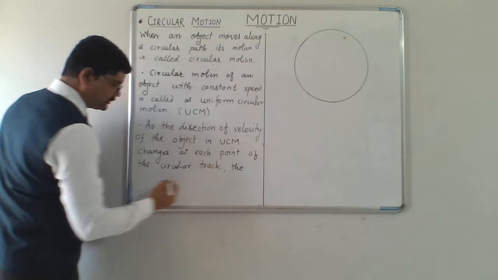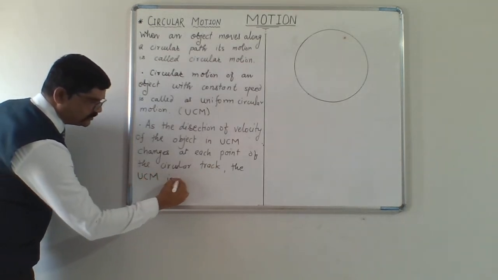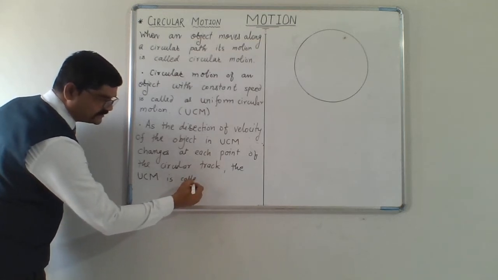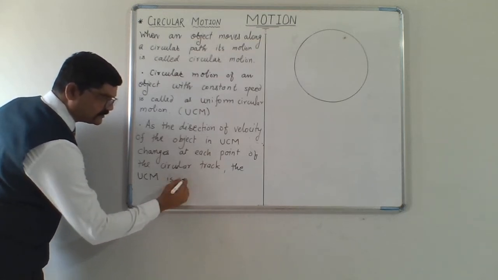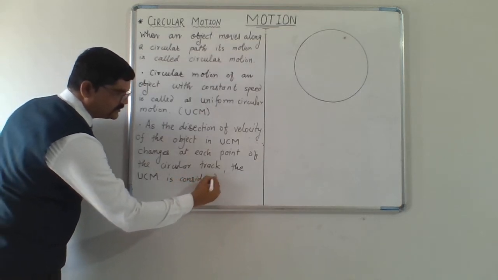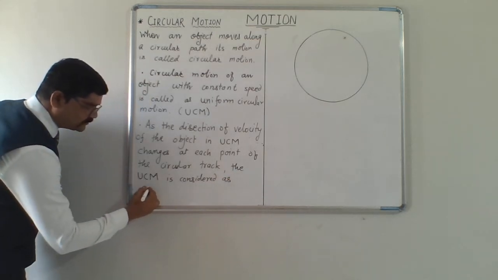the uniform circular motion is considered as accelerated motion.